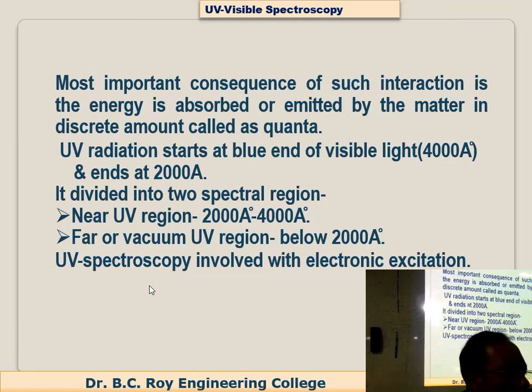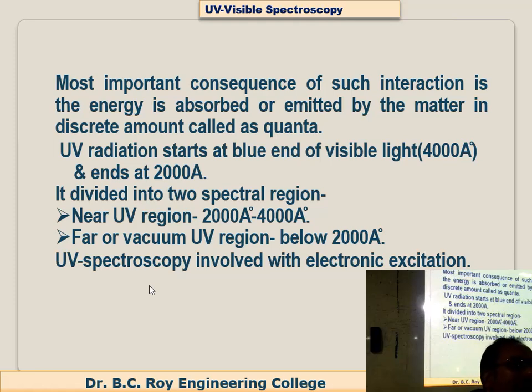That's why chromium, manganese, nickel, all these compounds are found to be colorful, whereas sodium, potassium, calcium, magnesium compounds are all found to be colorless. Because their transition is not happening. Why? Because d energy levels are not available there.